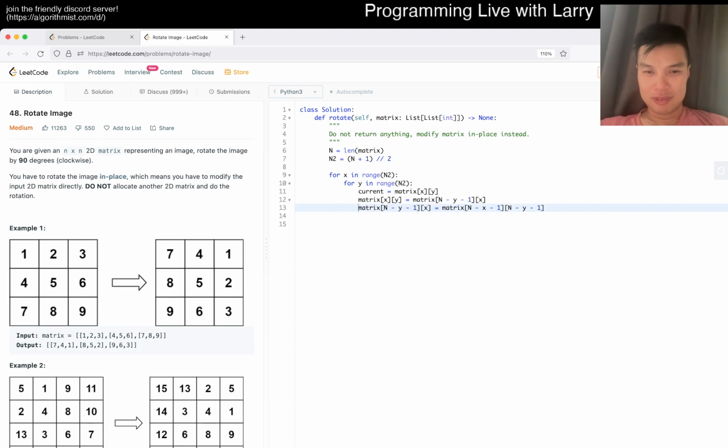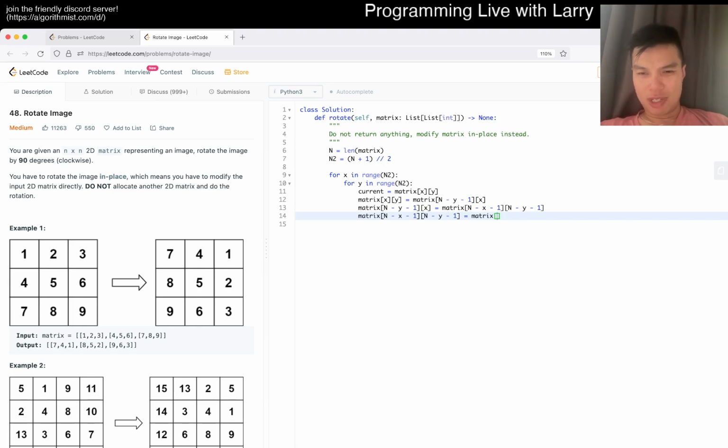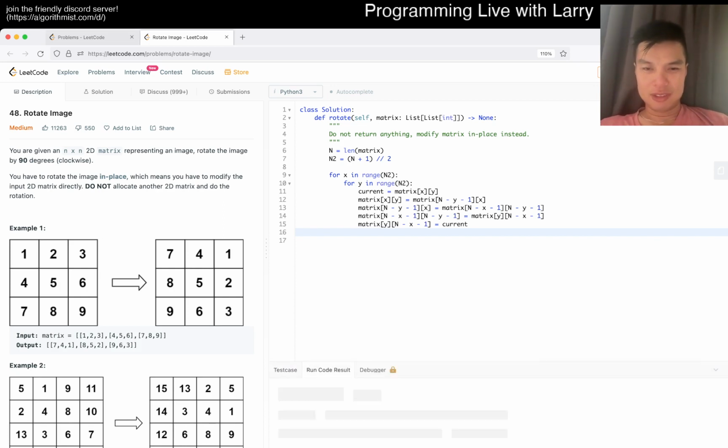Oh, is equal to matrix of y, n minus x minus 1. Is that right? And then this number is equal to current. And of course, in stuff like the middle of the square, it's going to do duplicate work, but that's okay, I think. Let's see. Do not return anything? Okay.